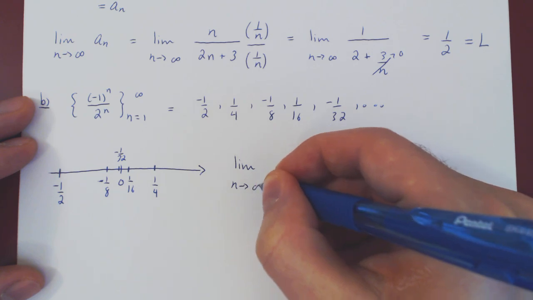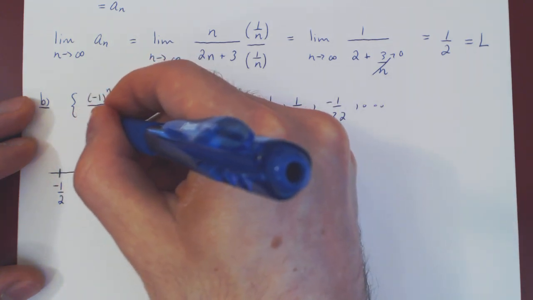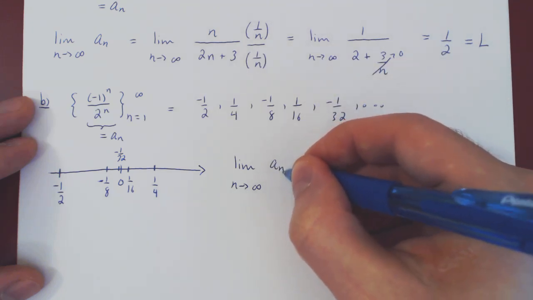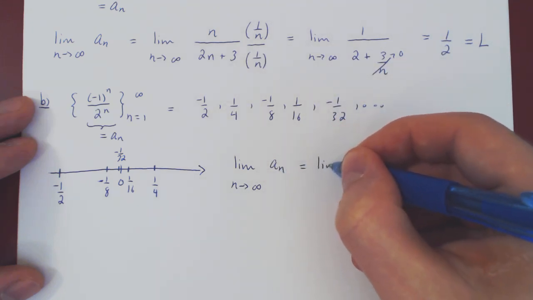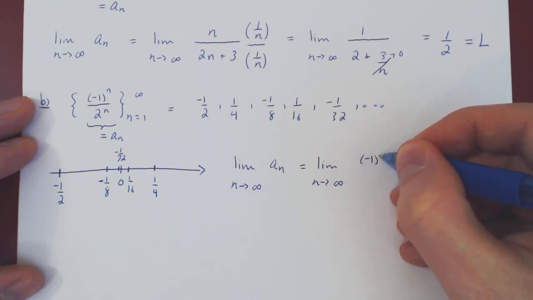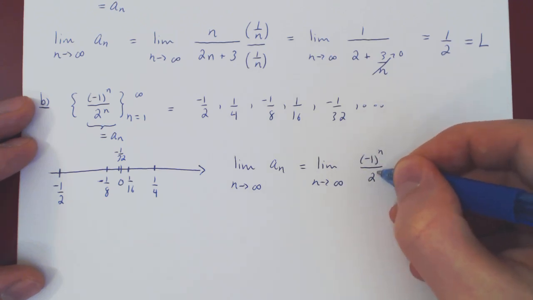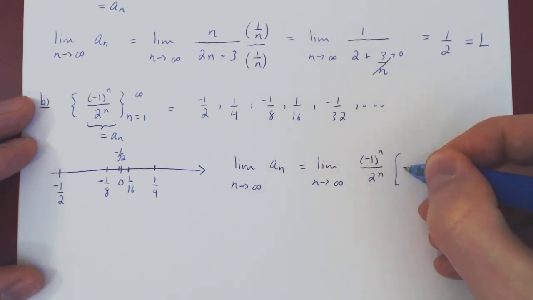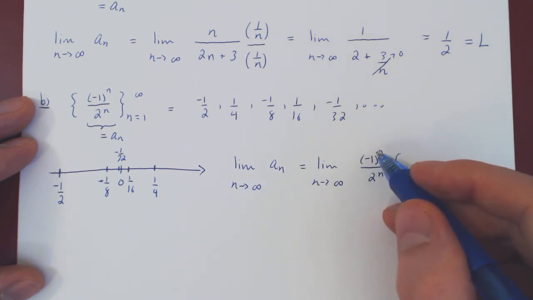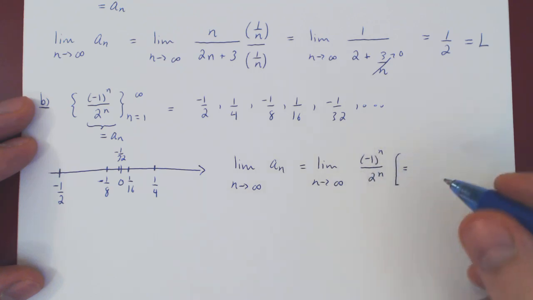What is our limit? Again, this is the nth term of our sequence, negative 1 to the n over 2 to the n. And we have a rather simple case. Now negative 1 to the n will oscillate forever between positive and negative 1, depending on whether n is even or odd.